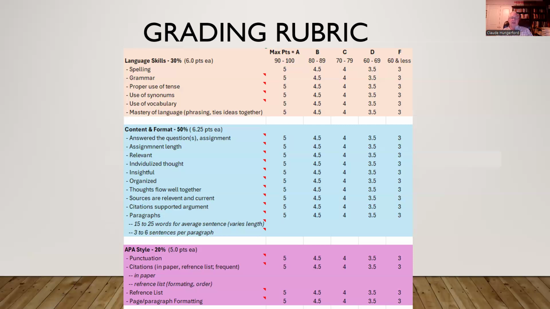Typically, you're going to have 3 to 6 sentences in a paragraph, and typically 15 to 25 words in an average sentence. But if it's always 20 words every sentence, that's just going to get boring. Sometimes a 3 or 4 word sentence to make a point is going to be good. Sometimes you may want to use a 40-word sentence.